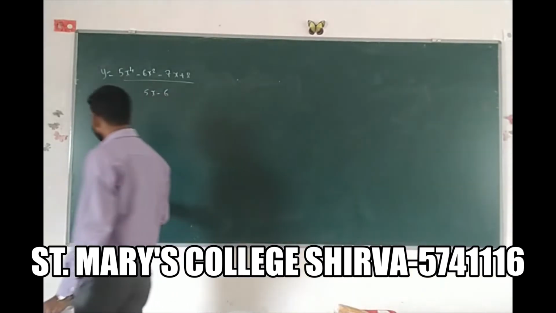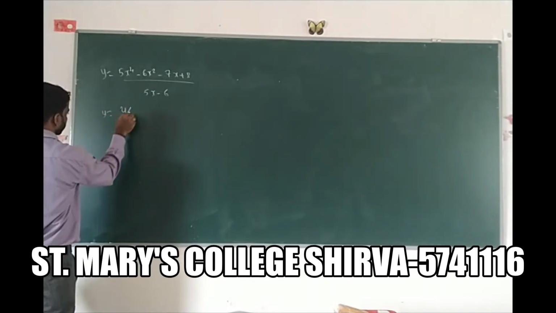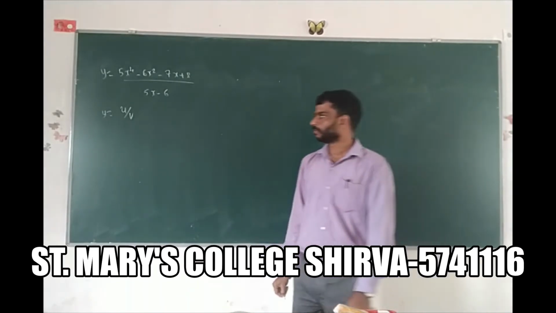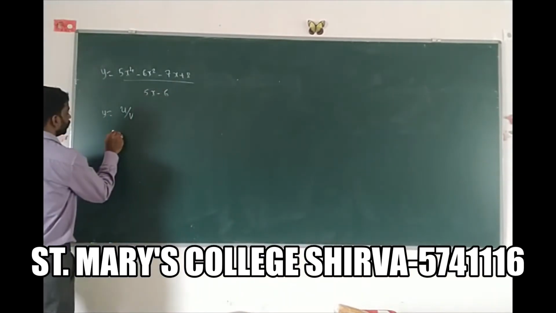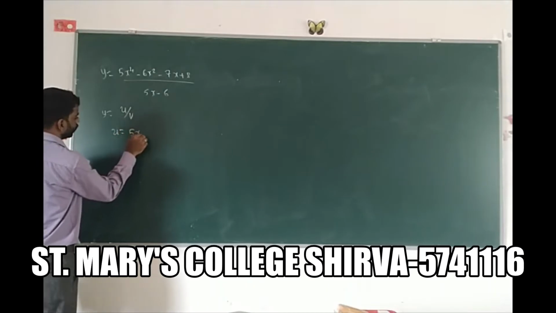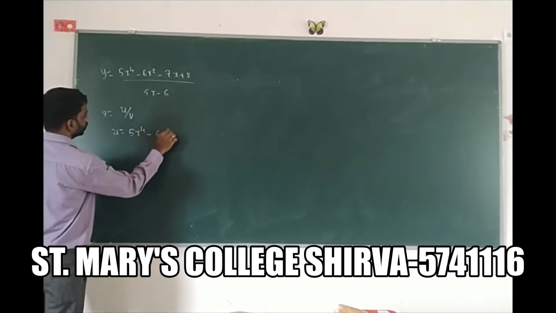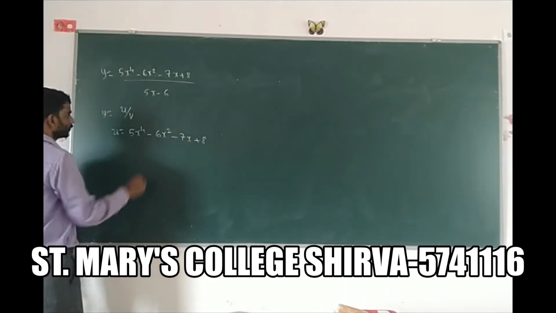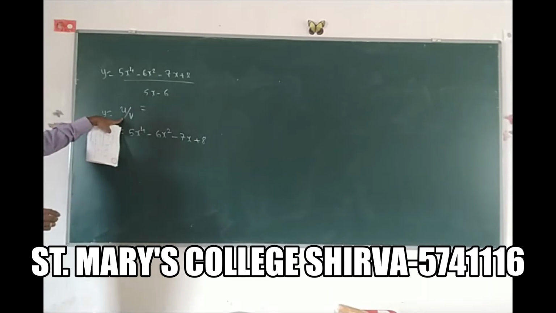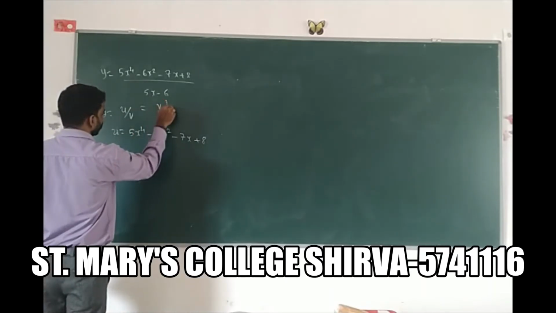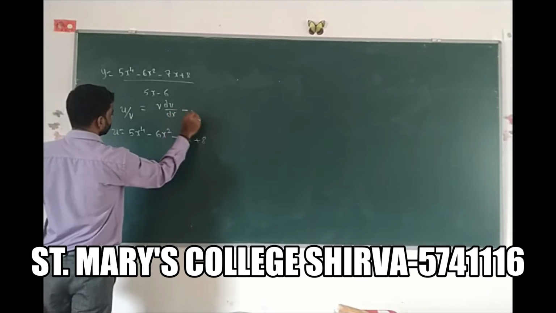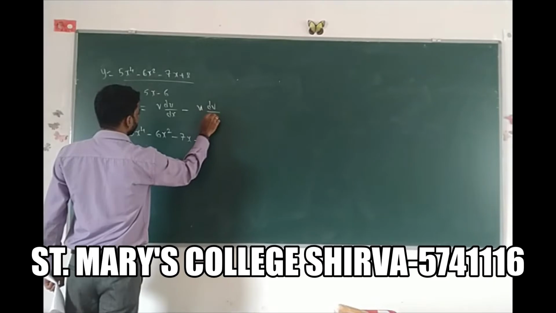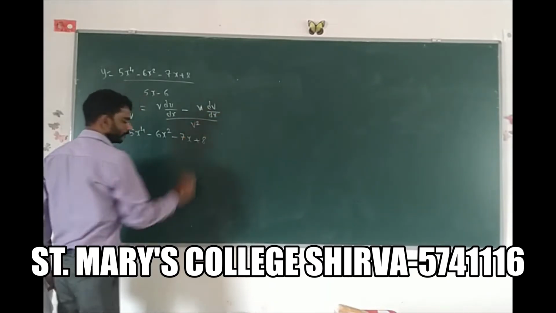So here y is of the form u by v, where u equal to 5x power 4 minus 6x square minus 7x plus 8, and this u by v form can be differentiated as v into du by dx minus u into dv by dx, divided by v square.